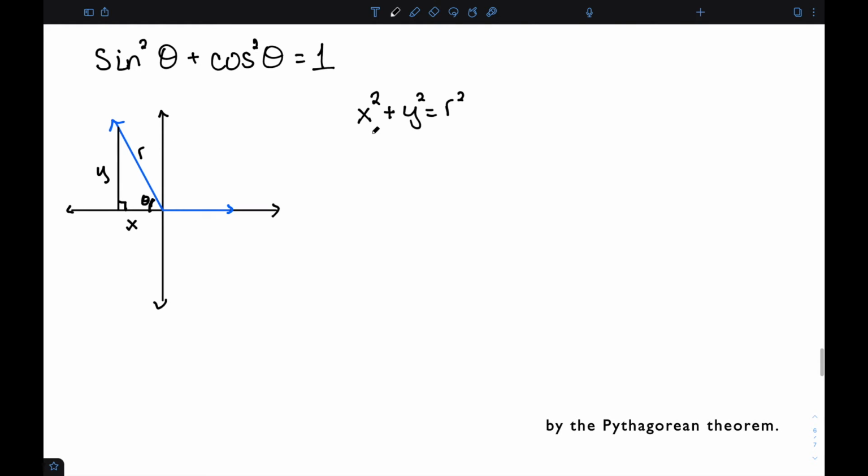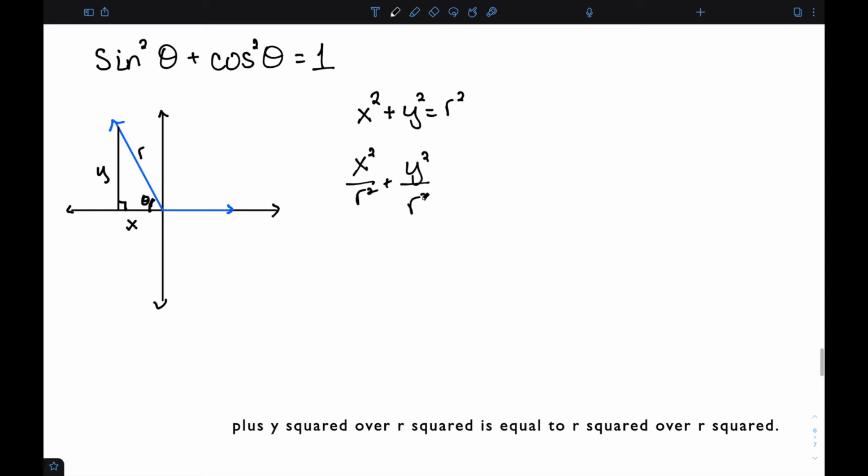by the Pythagorean theorem. And if I divide everything by r squared, I would have x squared over r squared plus y squared over r squared is equal to r squared over r squared.